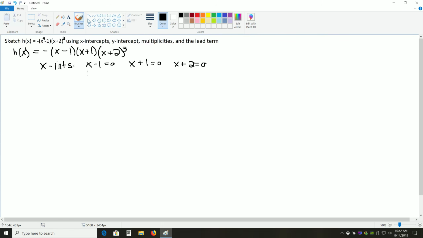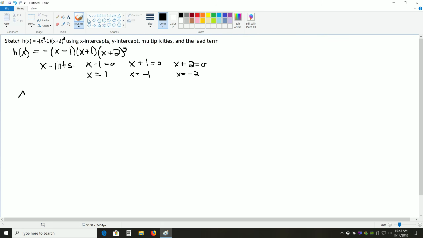And when we solve each one of these, we're left with x equals positive 1, x equals negative 1, and x equals negative 2. When we add 1 to each side, subtract 1 from each side, and subtract 2 from each side. So these values are where we hit the x-axis on our graph.